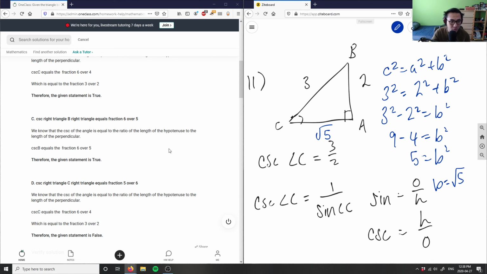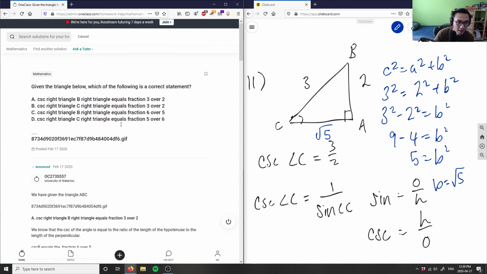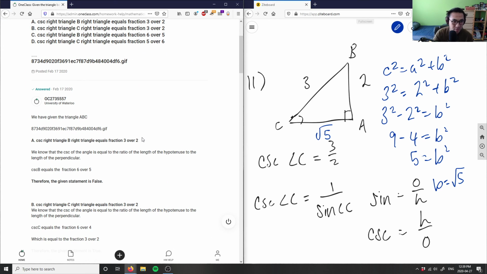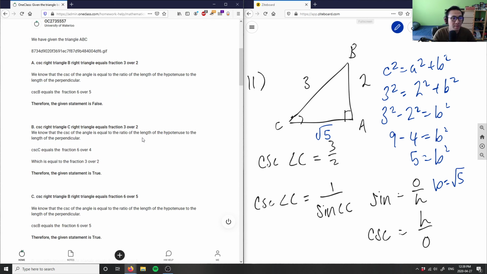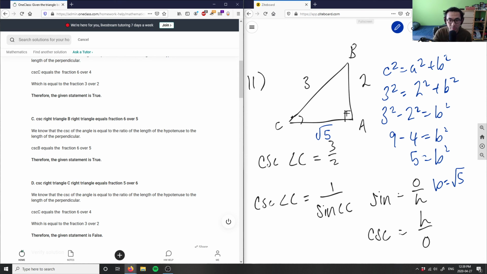And I'm pretty sure that because this statement is also true, cosecant triangle B is 6 over 5, I think this might be referring to a different triangle, because I don't have 6 or 5 in any of these side lengths here. I can't verify the solution per se, but I'm going to assume that this solution is correct, and that these are my triangle lengths here.